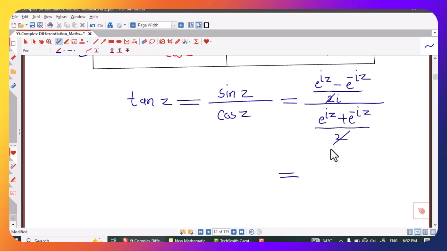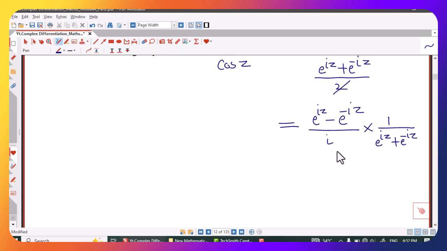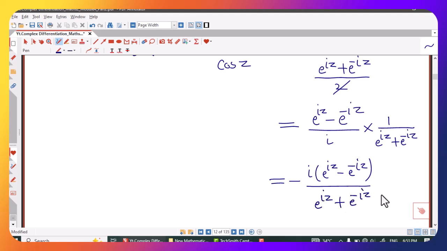Let me write one more step: e raised to iz minus e raised to minus iz divided by i, and this is going to be, 2 will get cancelled, so we have 1 divided by e raised to iz plus e raised to minus iz, and 1 upon i can be written as minus i, so this is going to be minus i times e raised to iz minus e raised to minus iz divided by e raised to iz plus e raised to minus iz.